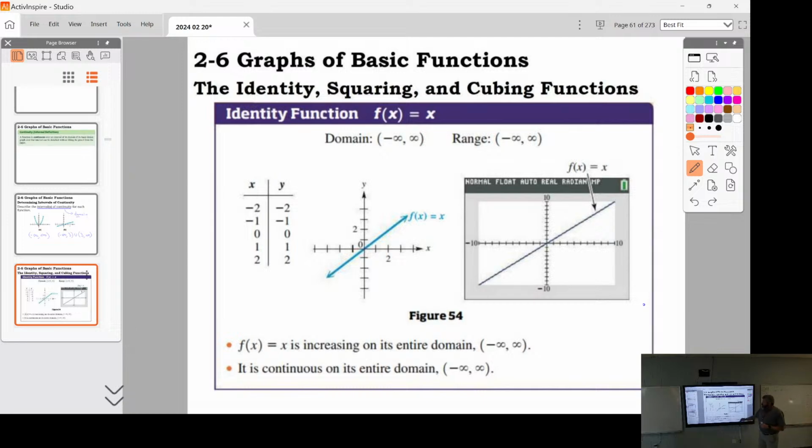It looks like a line with a slope of 1, and a y-intercept of 0. X can be anything. Y can be anything. So the domain is negative infinity to infinity. The range is also negative infinity to infinity.